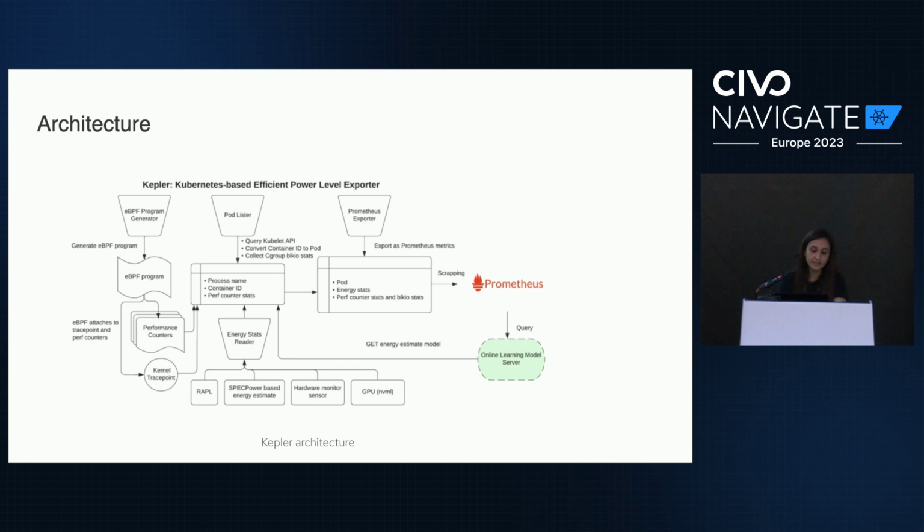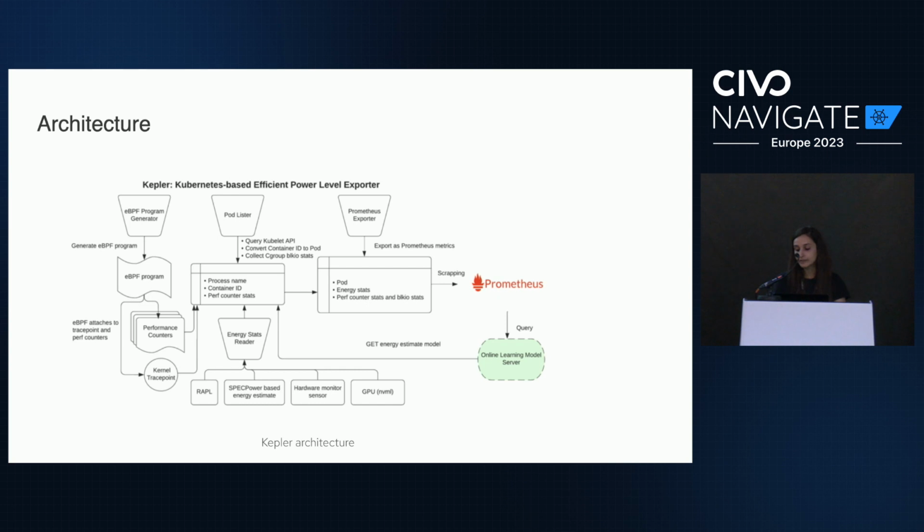What happens is, this is an eBPF program, and it is attached to the trace points and perf counters. This is the process name, then container ID, perf counters, stats, and these go into Prometheus, and then from there it goes on to the ML models, which let you calculate in a smart way how much energy is consumed.